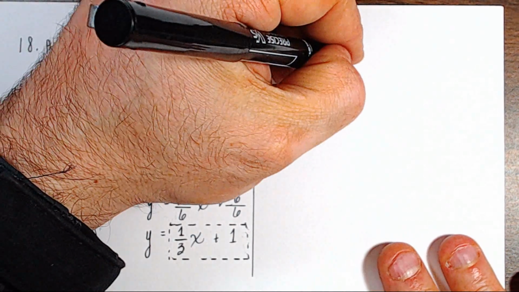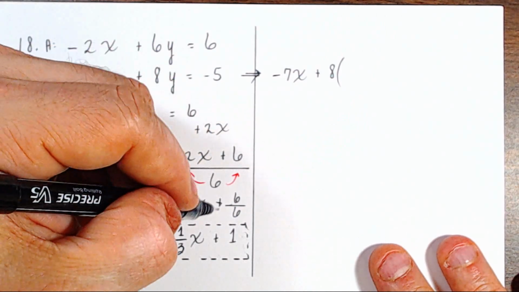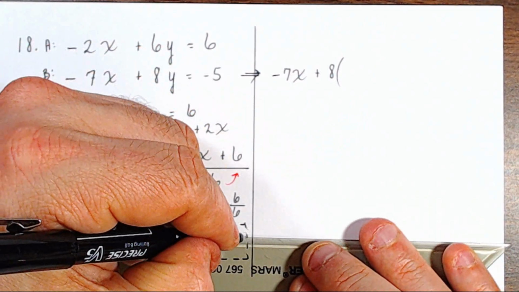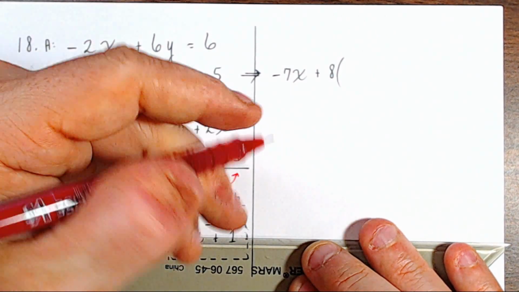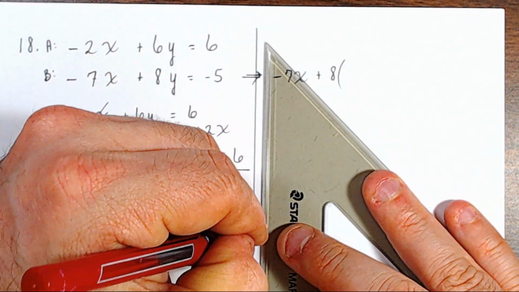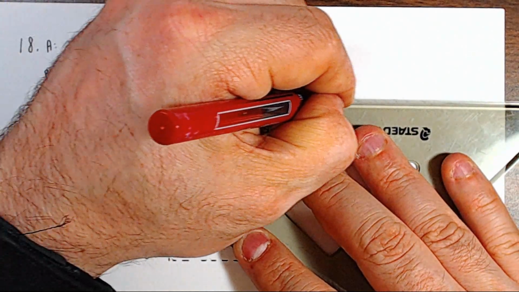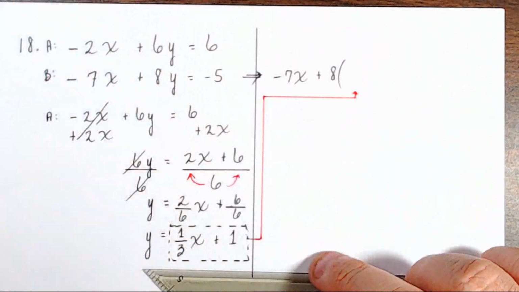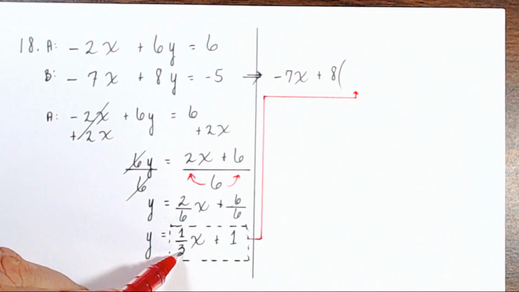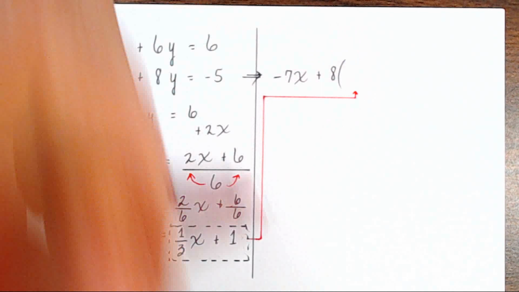Now I don't write y. Instead, put an open parentheses. Now you're going to move this 1/3 x plus 1, and you're going to substitute it in for where the y was there.